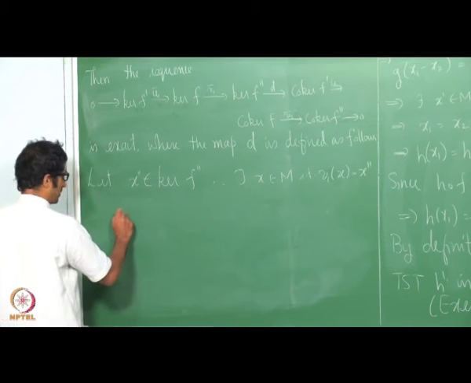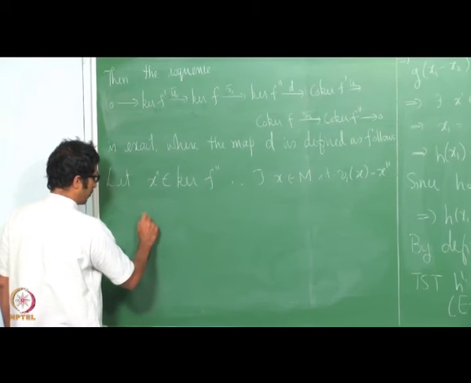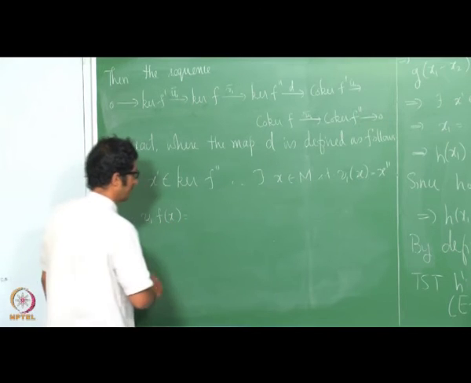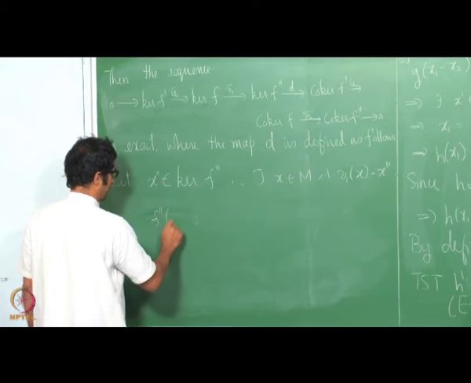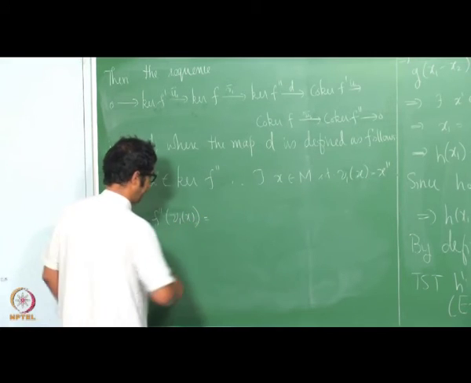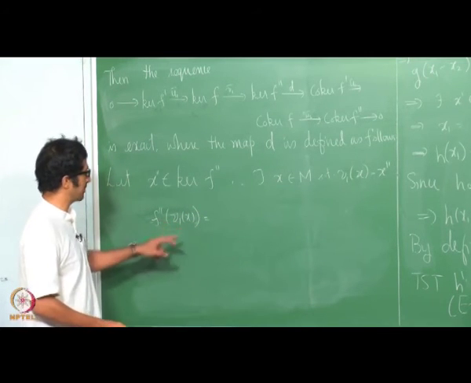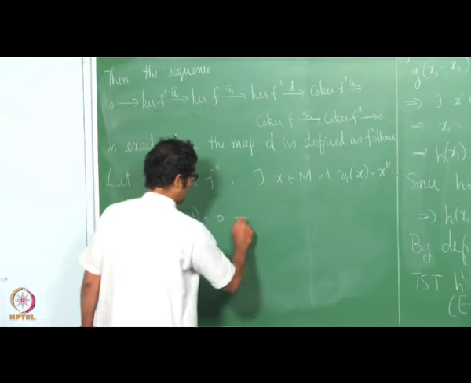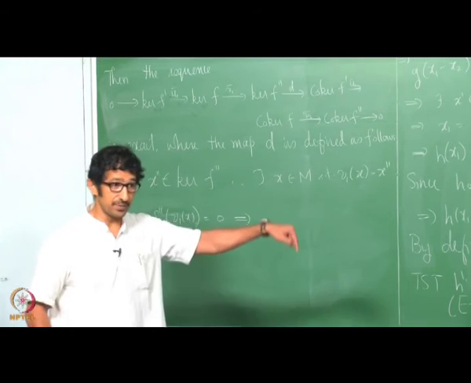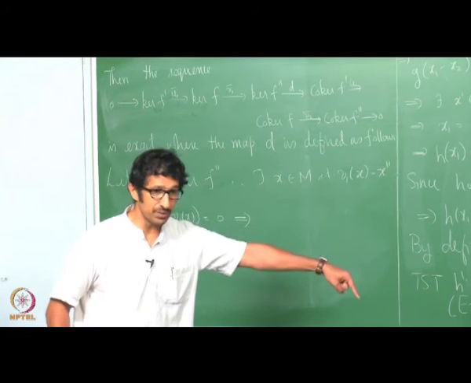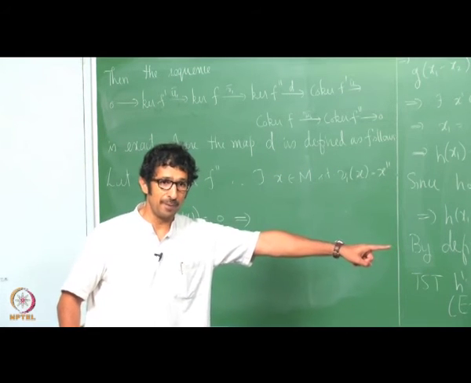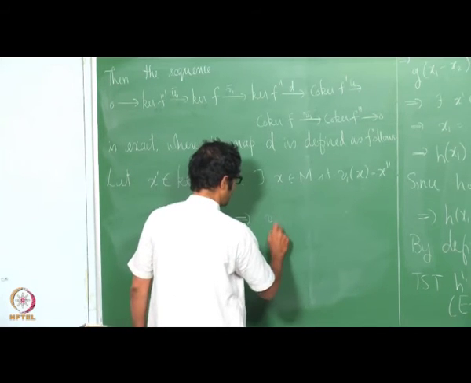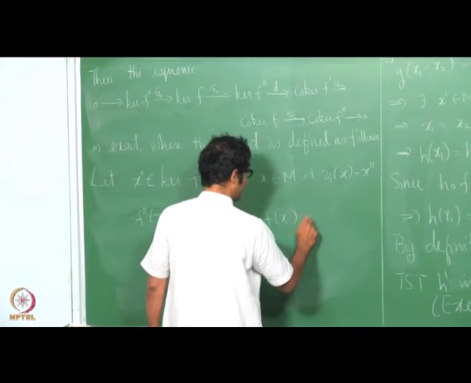Now, what can you say about f double prime of v1 of x? v1 of x is x double prime and x double prime is in the kernel of f double prime, therefore this is 0, and the diagram is commutative. So, you go to m double prime and come to n double prime, or travel the other way, you get the same element. In other words, v2 of f of x is 0.